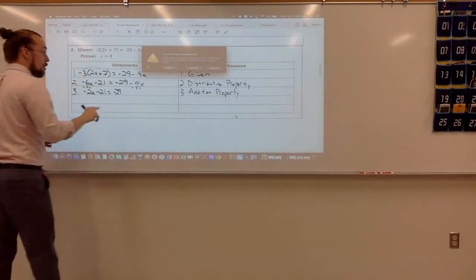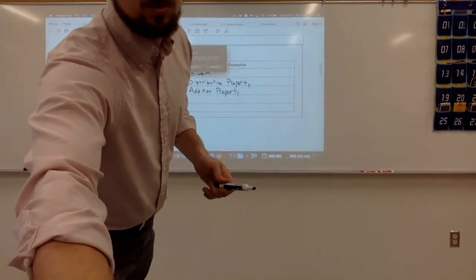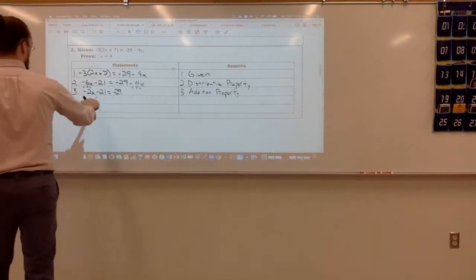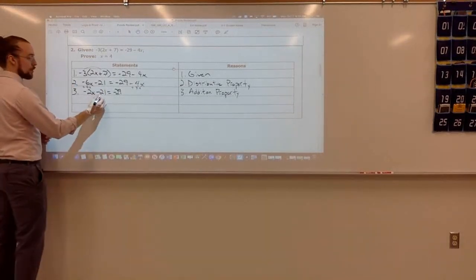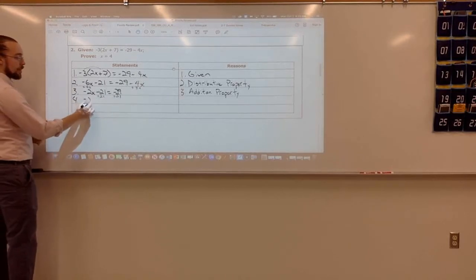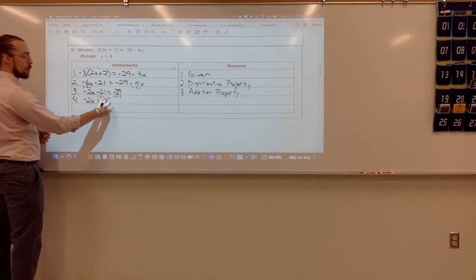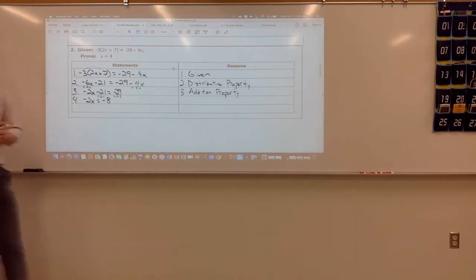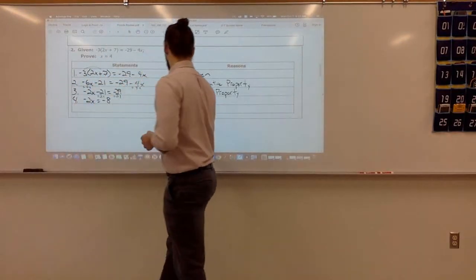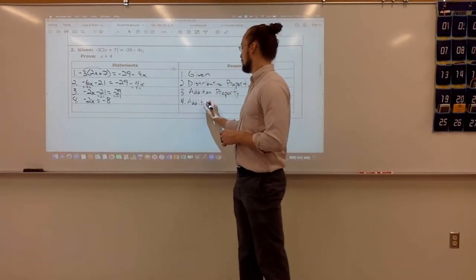Now, I want to get the numbers over to the other side. So I will add 21 over to here. So we get -2x equals -29 plus 21, which is -8. Again, that's the addition property.